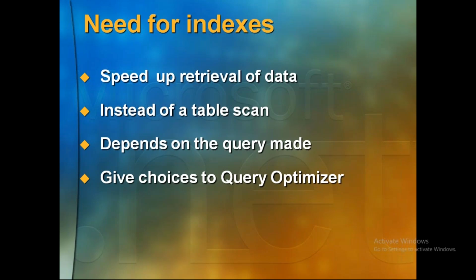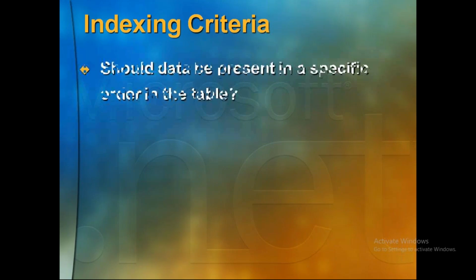The query optimizer is nothing but a small piece of code that plans how to go internally and fetch the data. Should I go row by row, or do you have an index? Based on that, it can plan and retrieve the data. So that is the choice you are giving the SQL Server engine. So for indexing criteria: should data be present in a specific order in the table? That is what you need to worry about.